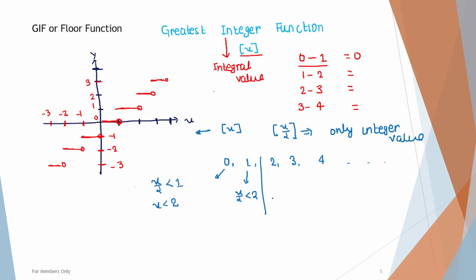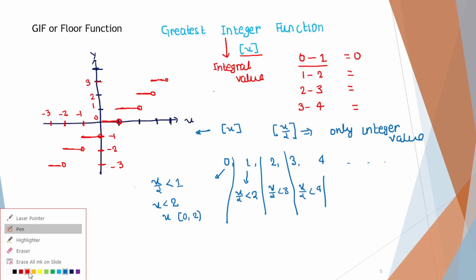Similarly, when x/2 is less than 3 it will be 2, and when x/2 is less than 4 it will be 3. So x will belong from 0 to 2 excluding 2.